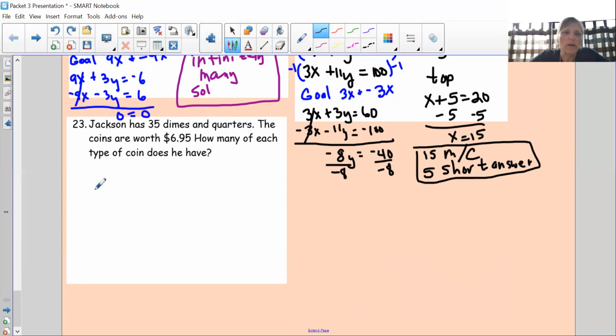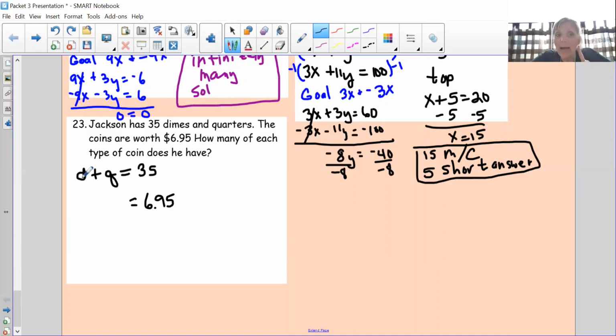So let's write some equations. First of all, just all the dimes and all the quarters. And I'm going to do D and Q. How's that? D plus Q equals 35. Okay, now the money. There is a total of the money, and that is $6.95.